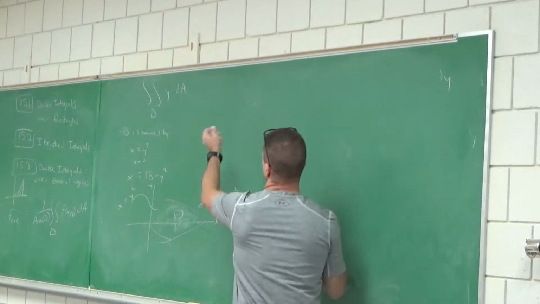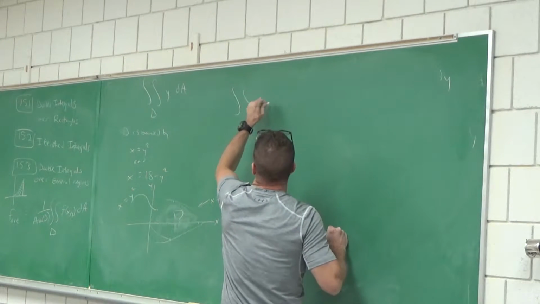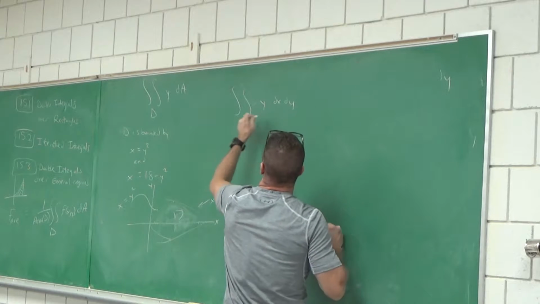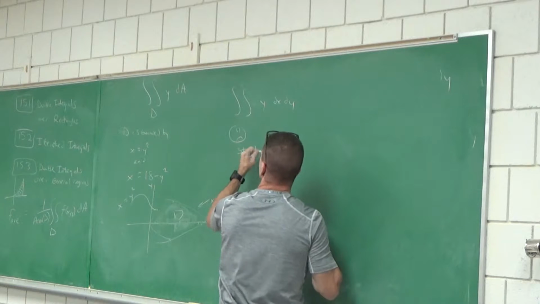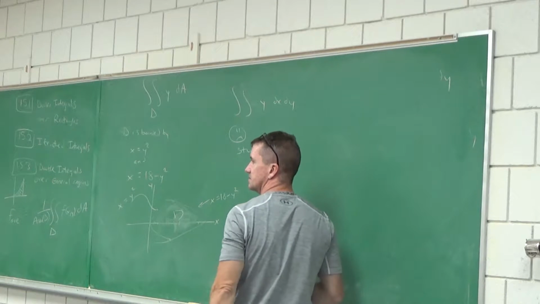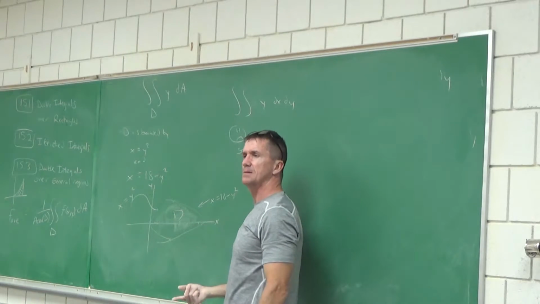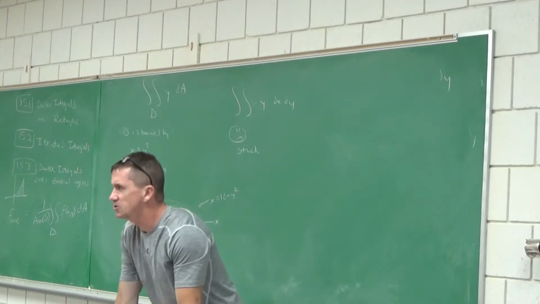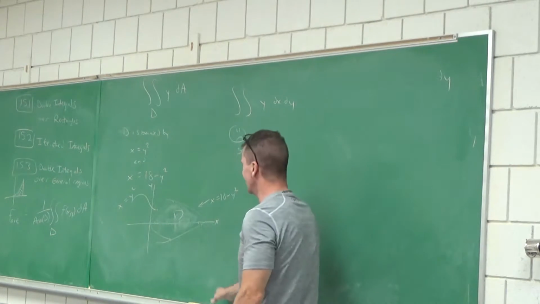I'm going to do dx dy. This just stays y. And I'm stuck. I need numbers. These have to be y values. I have no idea what they are. So what's the math method where you find where two curves intersect each other? You set them equal to each other. Let's do that.